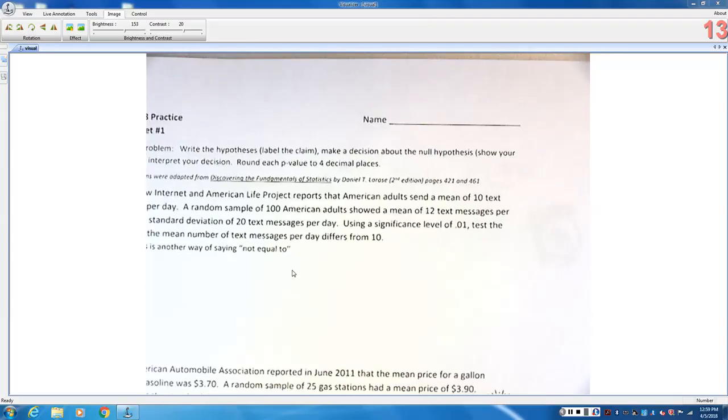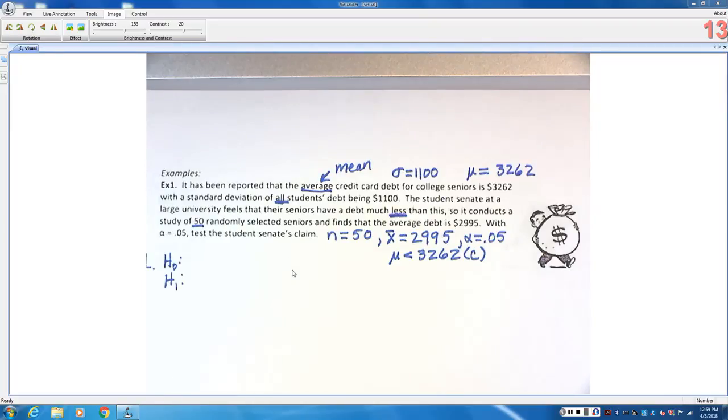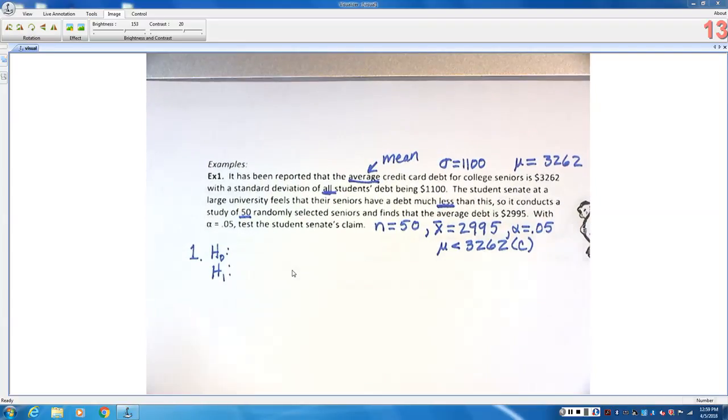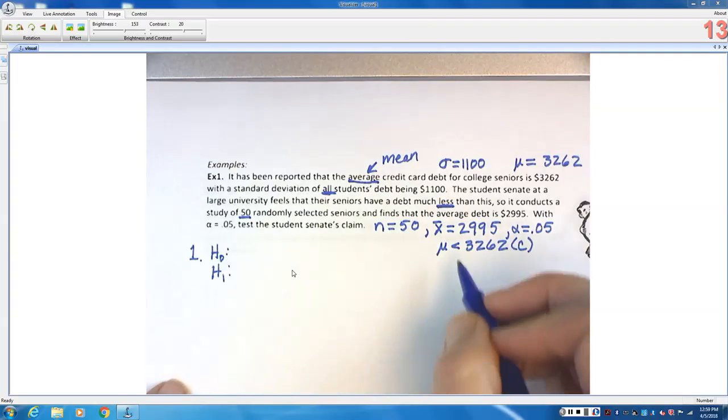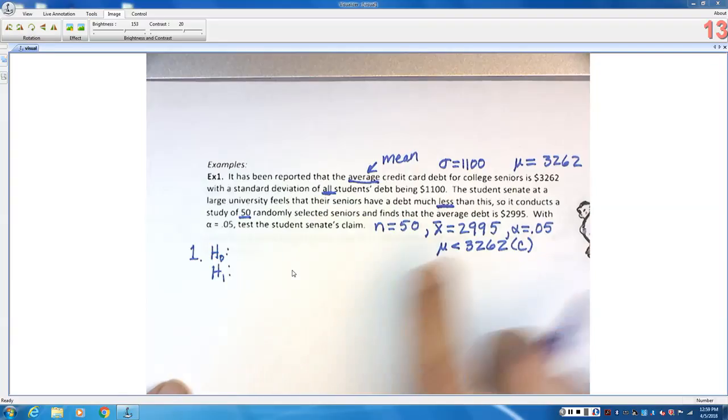Chapter 8, practice worksheet 1. 3 problems. You have to do 3 hypothesis tests. And who knows, I might have hints on there on what to use, but sometimes I leave them on there from previous semesters. So this does not have an equal part to it, so you put it in H1.